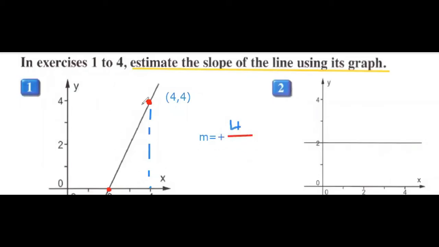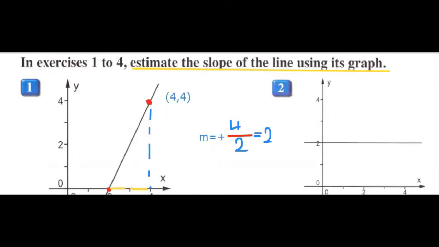Okay, and the horizontal change is, let's do like this. This is 1, 2. So the horizontal change, sorry, is 2. So 4 over 2 is equal to 2. This is the first one, guys, we found by 2 ways. The first one is by finding 2 points and then using the rule of slope.